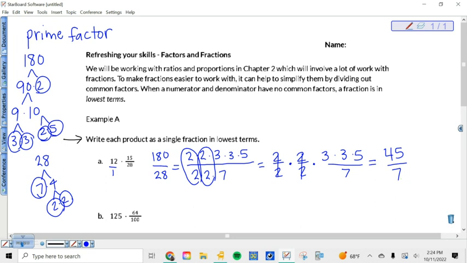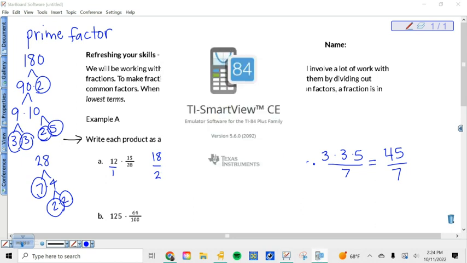And then I'd like you to do the same thing with your calculator. So plug in 12 times, and then 15 over 28. Hold on, I'm pulling it up. Just putting in the original problem.